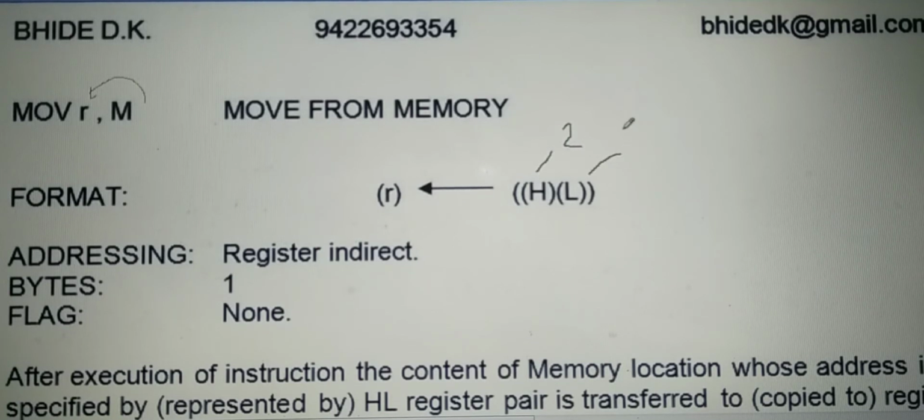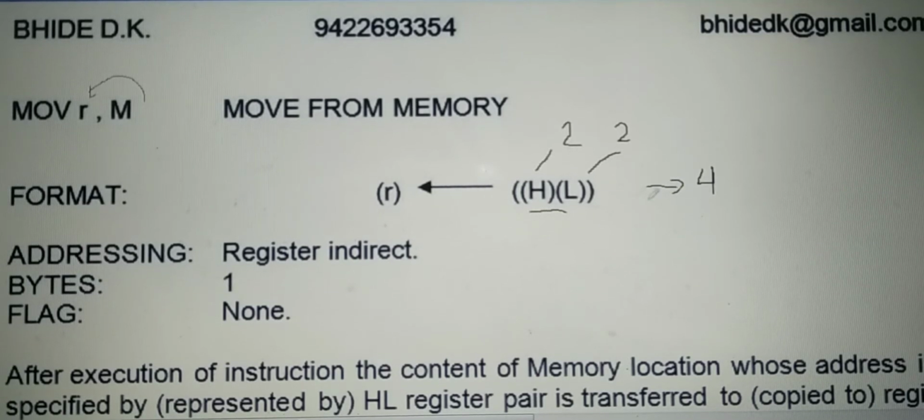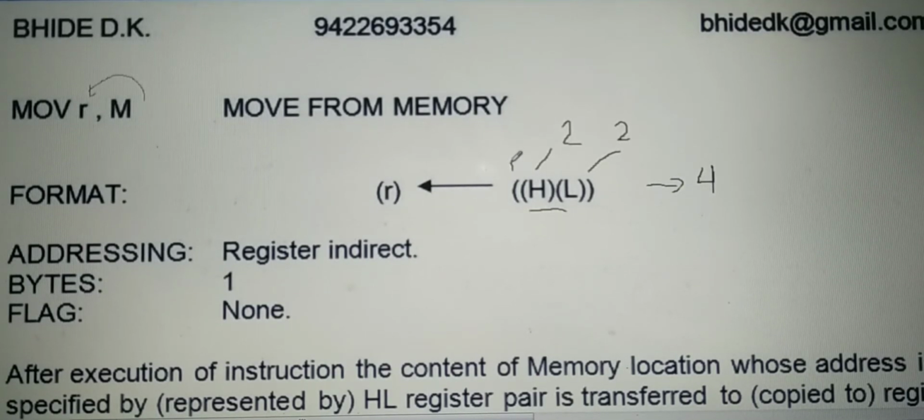Another general purpose register can accommodate 2 hexadecimal digits, and both together can accommodate 4 hexadecimal digits. 4 hexadecimal digits represent the memory location, and from that memory location the data is transferred to the specified general purpose register. Here the addressing mode is register indirect.